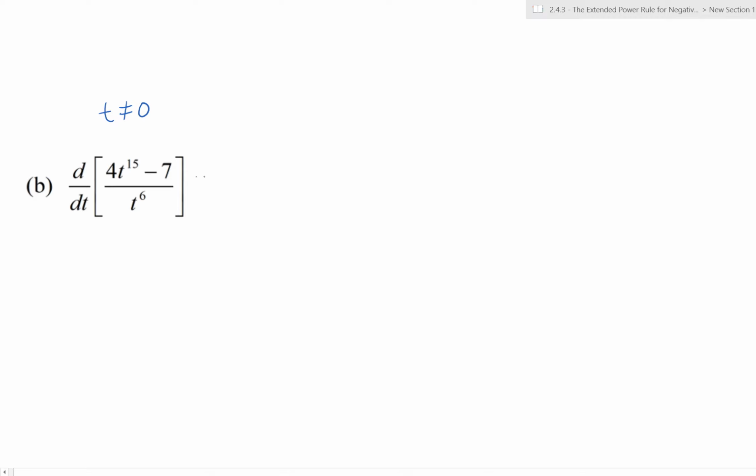And if we simplify this function, we get d dt of 4 times t to the 15th minus 6, just using properties of exponents, minus 7 times t to the negative 6, right?